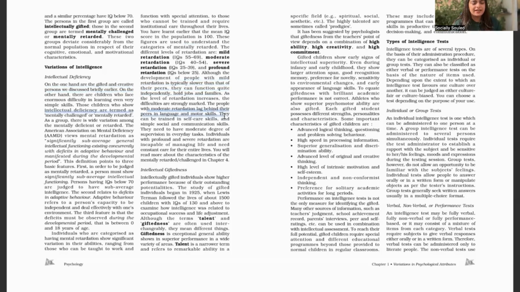Where the moderate level comes in, we were talking about mild first, the people with moderate retardation lag behind their peers in language and motor skills. They can be trained in self-care skills and simple social and communication skills.